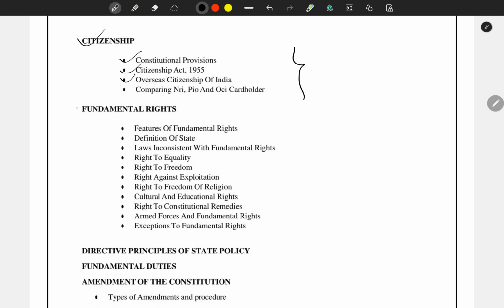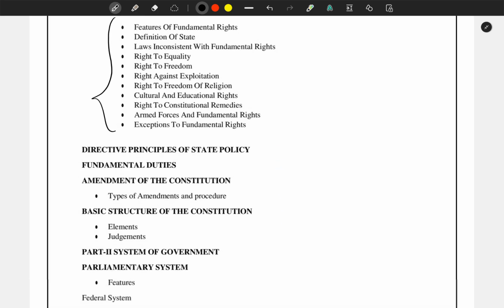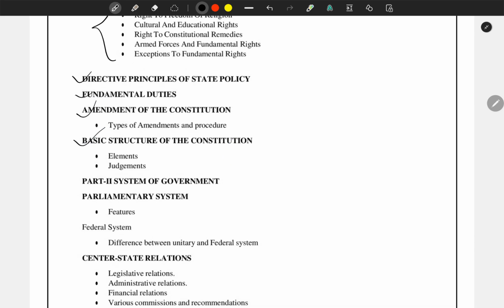Then we will be dealing with fundamental rights. These fundamental rights will be covered in this particular series, and then we will be dealing with directive principles of state policy. After that, fundamental duties, then amendment of the constitution, basic structure of the constitution.